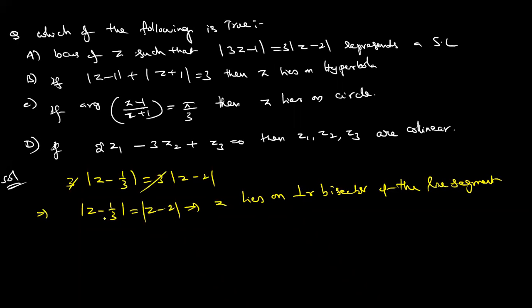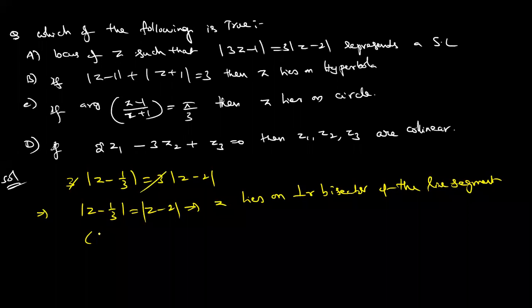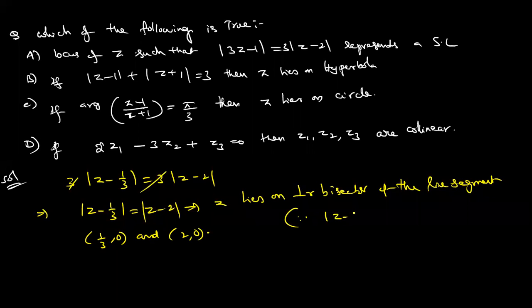What is the line segment? z minus 1 by 3 means one point is (1 by 3, 0), and another one is (2, 0). Imaginary part is 0. That is what we discussed: modulus of z minus z1 is equal to modulus of z minus z2 means z lies on the perpendicular bisector. The concept is very important. So option A is true.